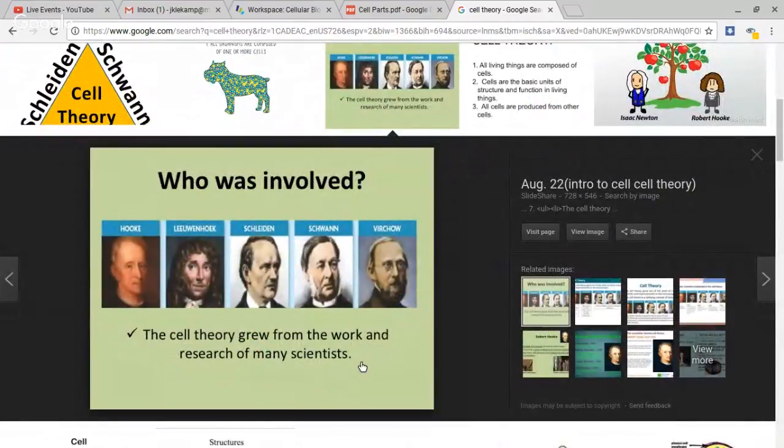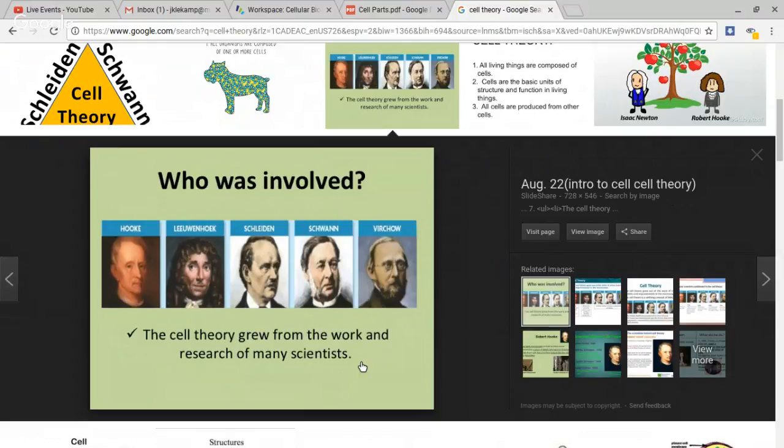You have Hooke, who was the first one to look at cells through a microscope. He was the one that decided to call them cells because they looked like the cells of the monastery monks that they were living in at the time. Remember, Leeuwenhoek was the first to create a more powerful microscope than what Hooke was looking through, and he was actually looking at microorganisms in the pond water.